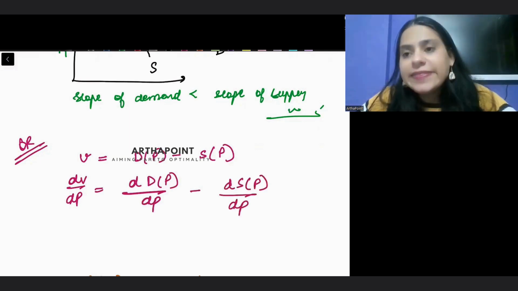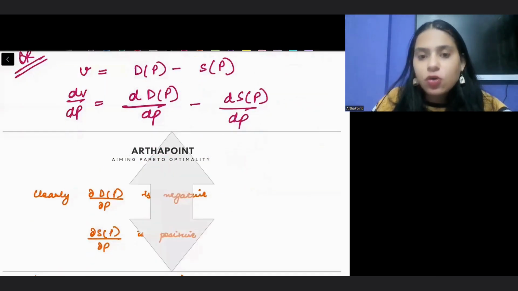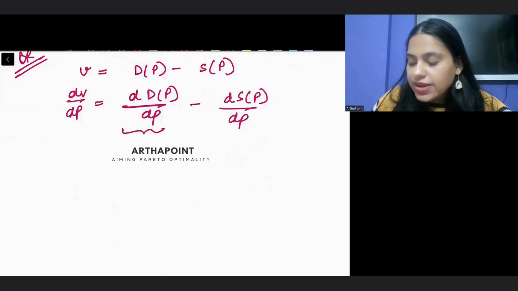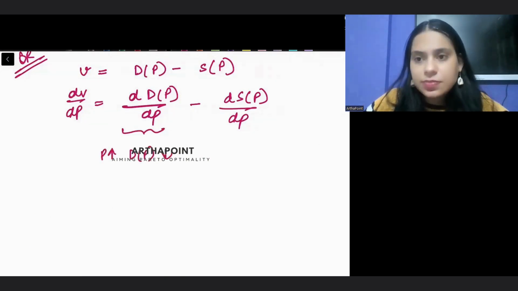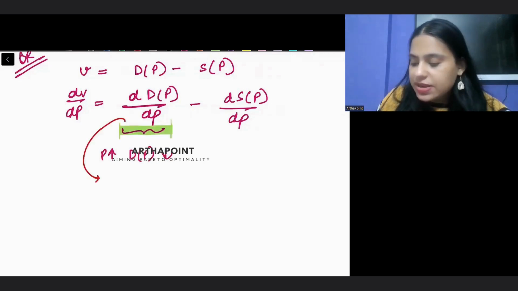Now, assuming that we follow the law of demand, we know that as price increases, demand decreases. So we know that this part, beta, will be negative.